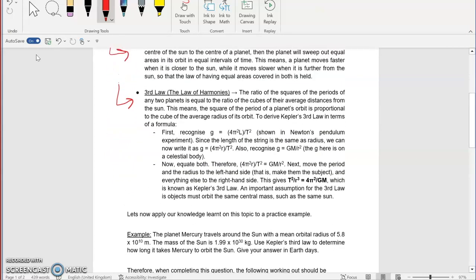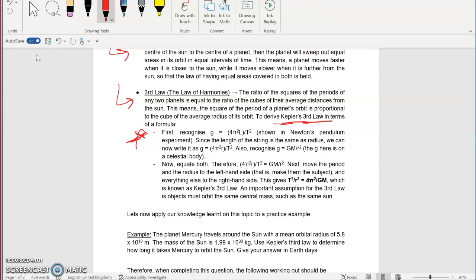To derive Kepler's third law in mathematical terms, we need to first recognize g equals 4π²L divided by T², shown in Newton's pendulum experiment. We know that the length of the string in the pendulum experiment is the same as radius, therefore we can now write it as g equals 4π²R divided by T².